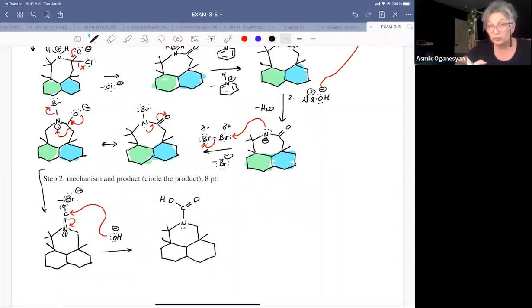So if we want to proceed from here, one thing that we can do is to close this double bond into double bond, move electrons from here onto the nitrogen. We will produce protonated carbon dioxide.